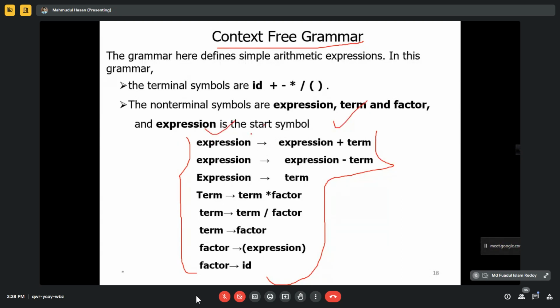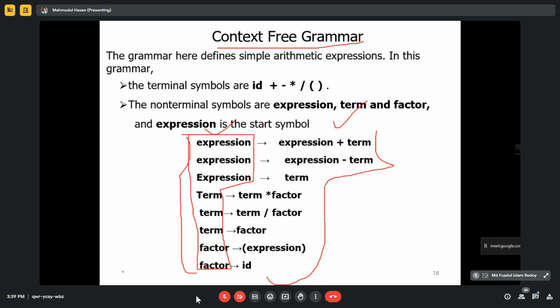And there is a shortcut about non-terminals: all the symbols in the left hand side are non-terminal, and the rest of the symbols are terminal.